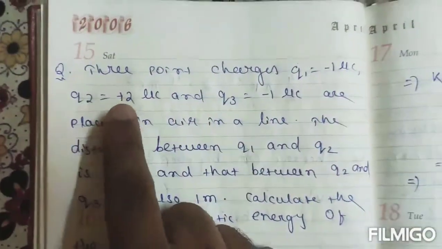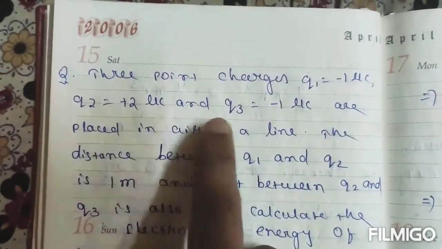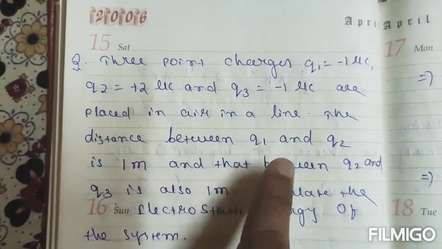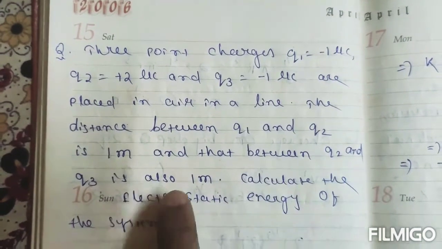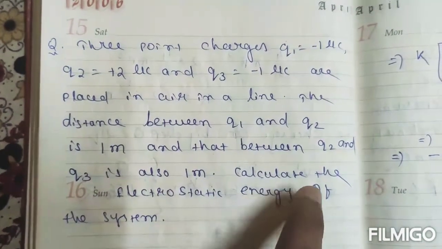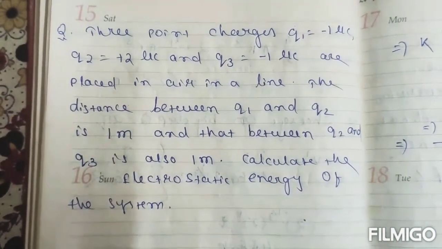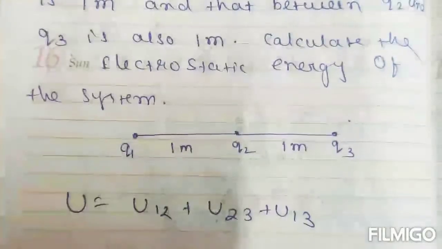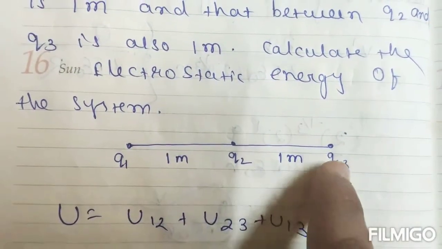Let us solve another one. Three point charges Q1, Q2, Q3 are placed in air in a line. The distance between Q1 and Q2 is 1 meter, and that between Q2 and Q3 is also 1 meter. Calculate the electrostatic energy of the system. Let us first draw the diagram. Q1 here, Q2 here, Q3 here.